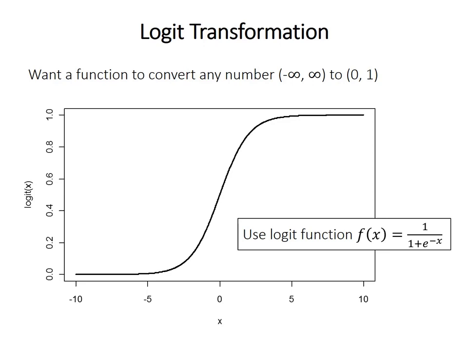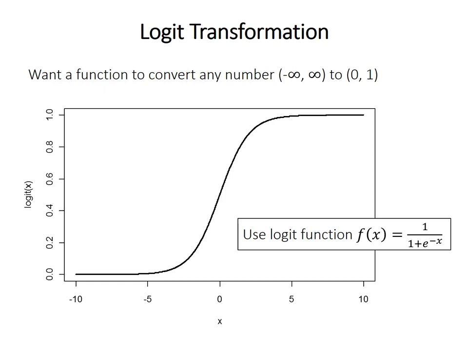And so one way is to use a function to transform the numbers from the range between minus infinity and positive infinity to the new range of between 0 and 1. So a function is just an equation that maps numbers from one range, called a domain, to a different domain. So we're going to map numbers from the domain between minus infinity and positive infinity to the new domain between 0 and 1.